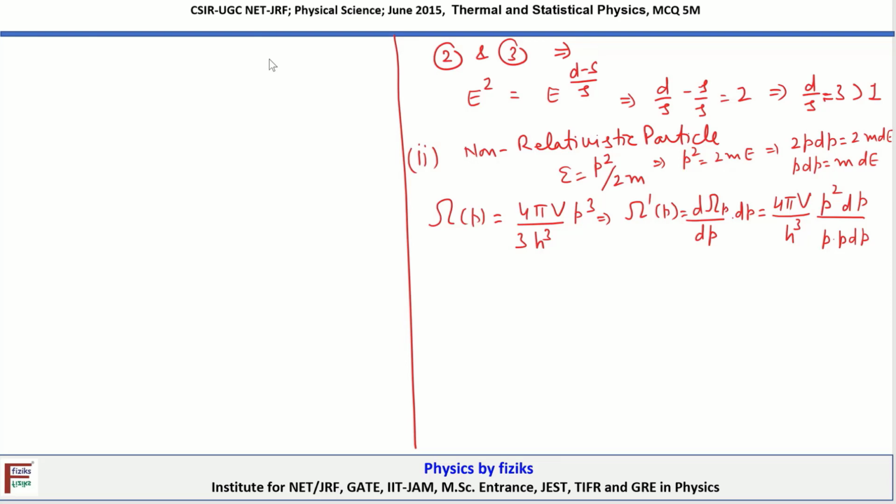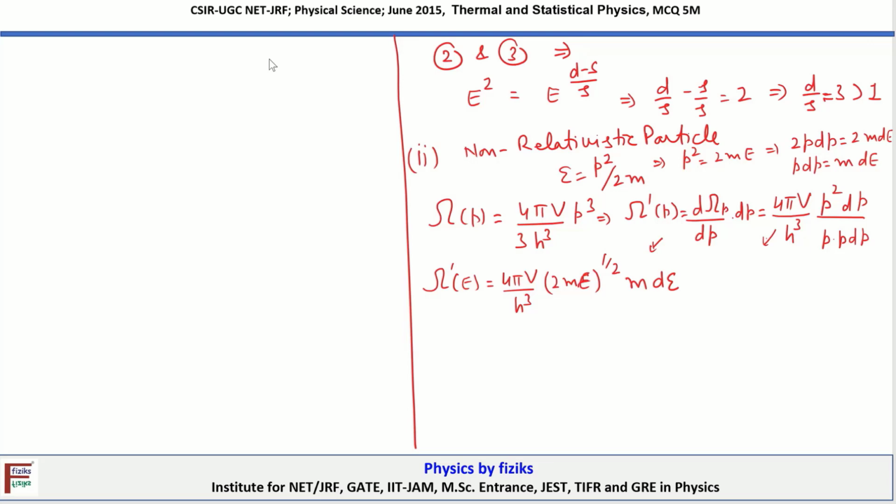Now from this expression we can quickly calculate the corresponding microstates in terms of energy, omega dash E, that is G E dE basically. So that is equal to 4 pi B upon h cube. I'm making use of this expression to transform this in terms of energy. So p squared dp, I will replace it with p into p dp, so that instead of p I will write 2mE power 1 by 2, that is p, and then p dp is equal to m dE.